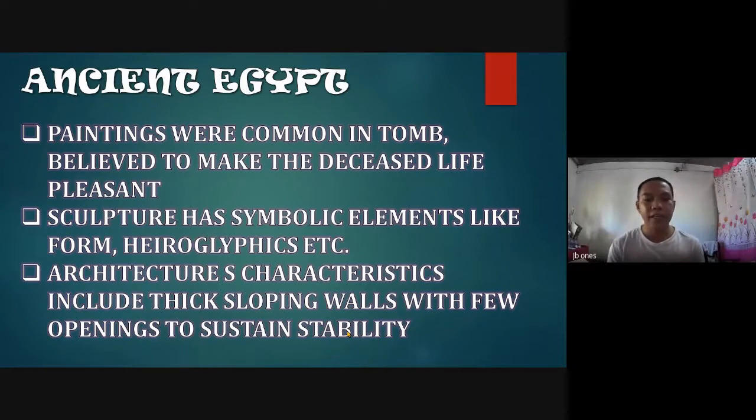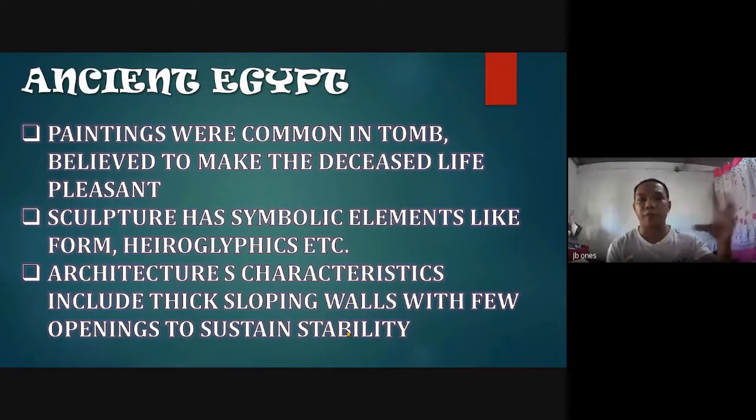Then the third is the architecture. Its characteristics include thick sloping walls with few openings to sustain stability. One of the famous architecture in ancient Egypt is the pyramid.